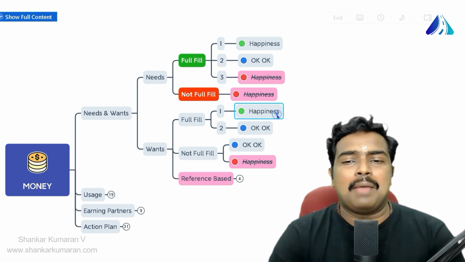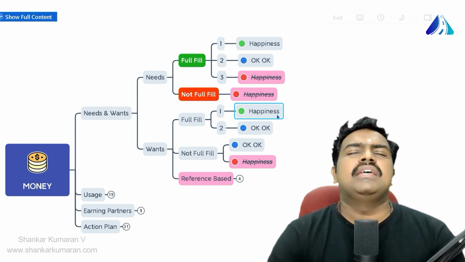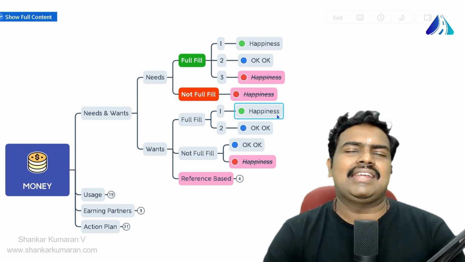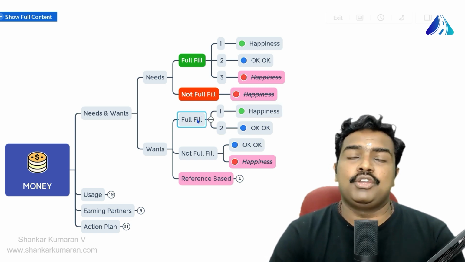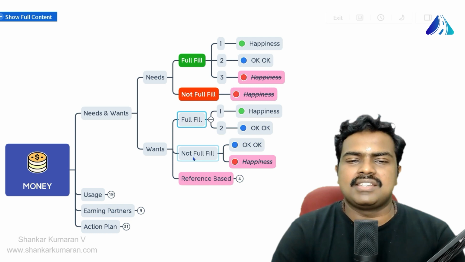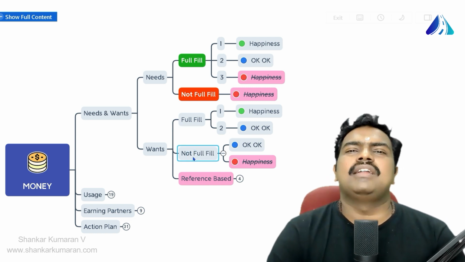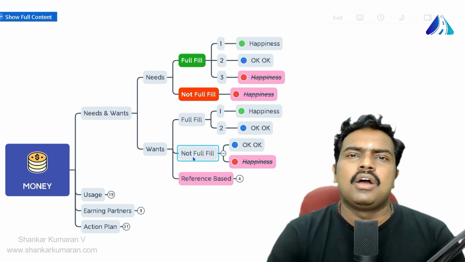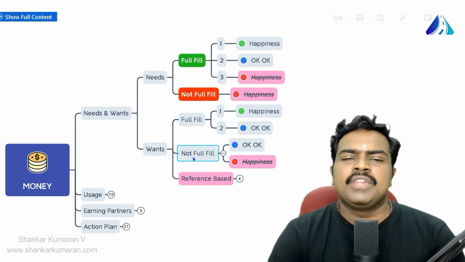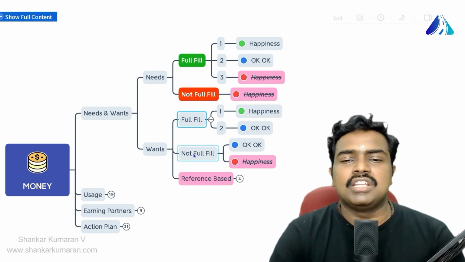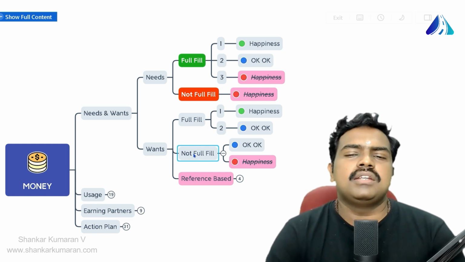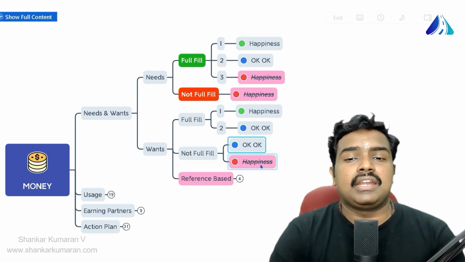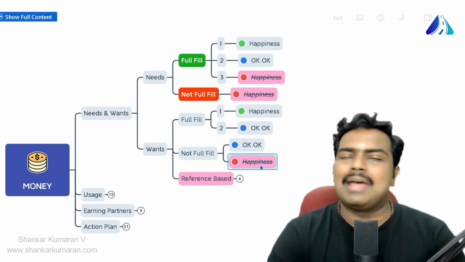Even the people who are happy and spending lavishly and achieving whatever they want to do also need to be a little careful, because when fulfillment is not possible, when you can't fulfill all your wants, suddenly let's say the promotion didn't happen, or you got fired from your job, or the business didn't go as you planned, then when you jump from this category to this category, that is, I couldn't fulfill all my partner's wants, or my wants, then you may end up in the okay category, or in the worst case you may even end up in the unhappy category.